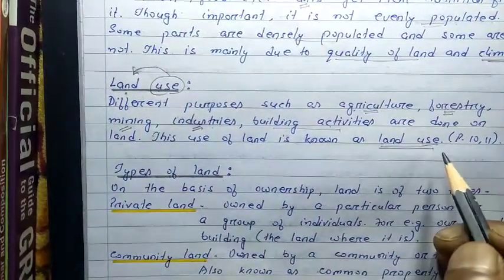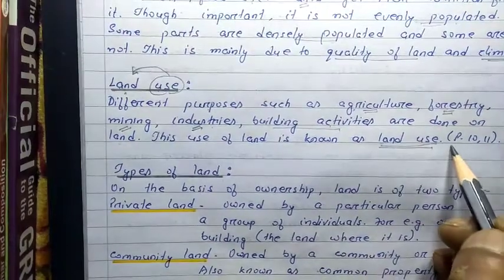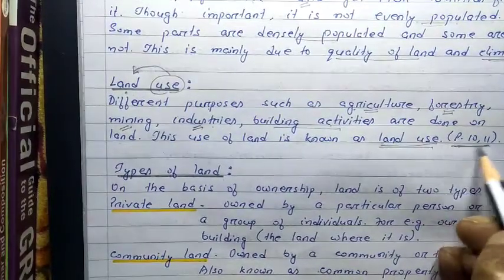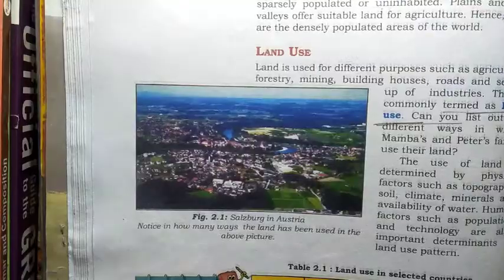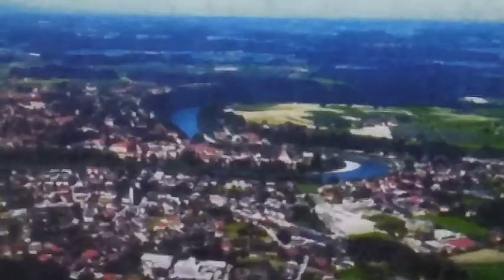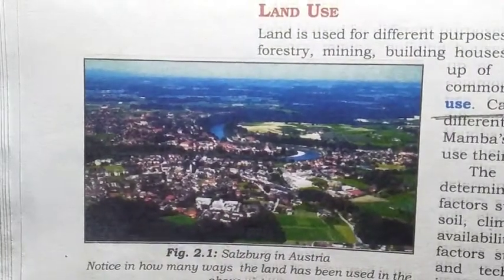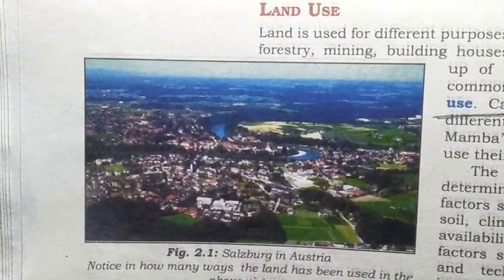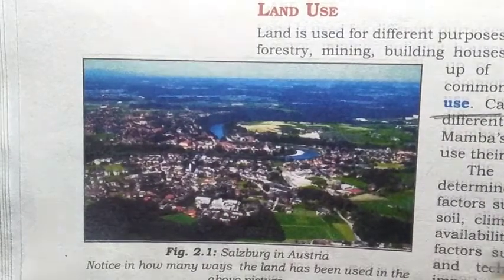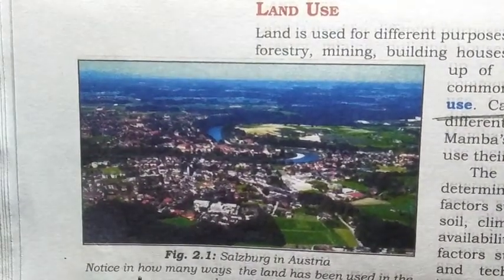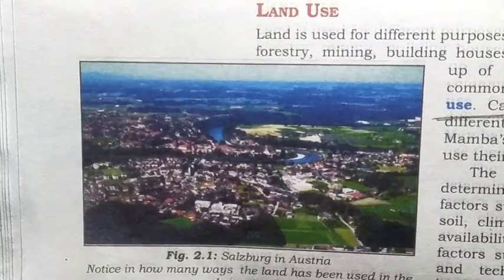If you want to understand it in a better way, you can take the example from page number 10 and 11. Let me show you what is there on page number 10. Here you can see page number 10 of your book, figure 2.1. If you open the book, you can see easily. Notice in how many ways the land has been used in the above picture.